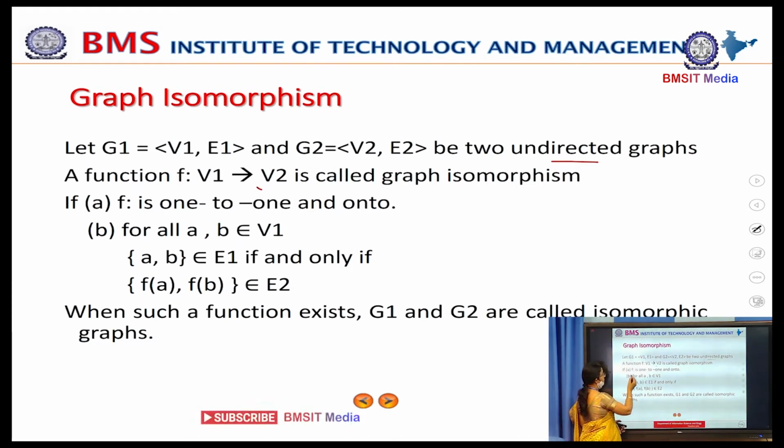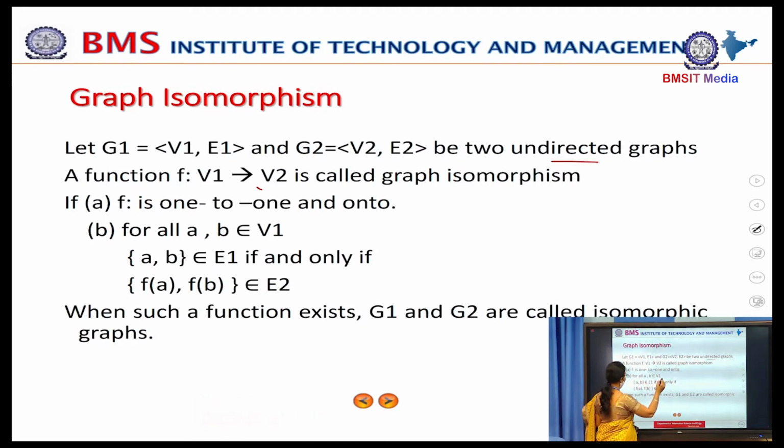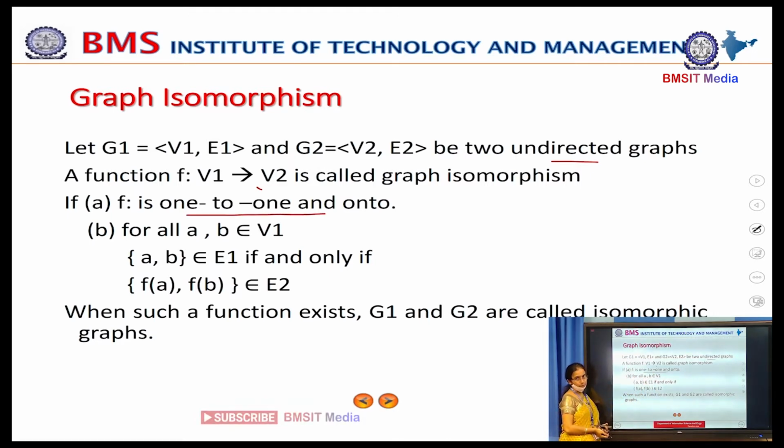So the first condition is that the function f, which maps the vertices of the first graph to the vertices of the second graph, should be 1 to 1 and onto. It should satisfy the function property, 1 to 1 and onto.